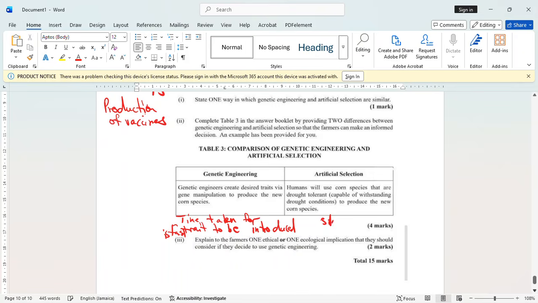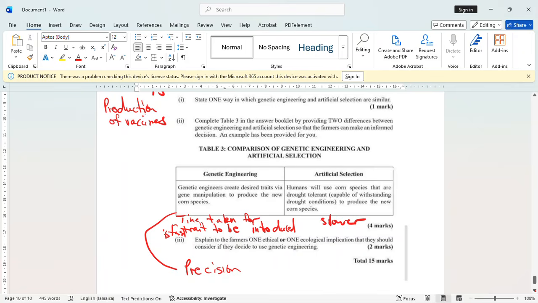And this is slow. It's going to take a longer time to do this in terms of selection. In terms of genetic engineering, you're going to be more precise. So you can just deal with the specific trait that you want.